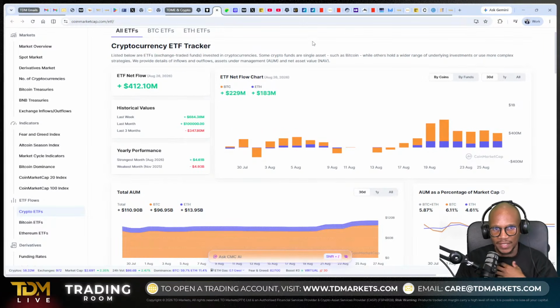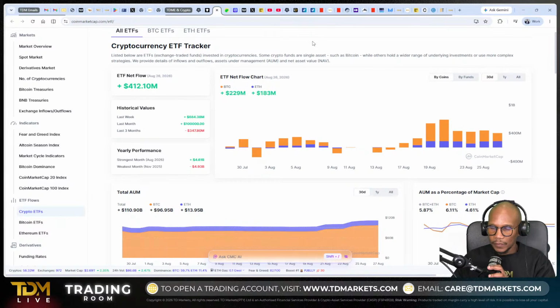Remember, ETF is an exchange traded fund. So it's a type of investment where that underlying crypto asset, like for instance, you've got your BTC ETF and an Ethereum ETF, right?